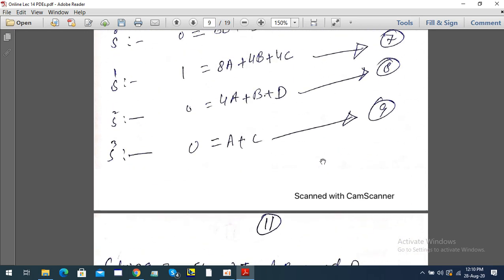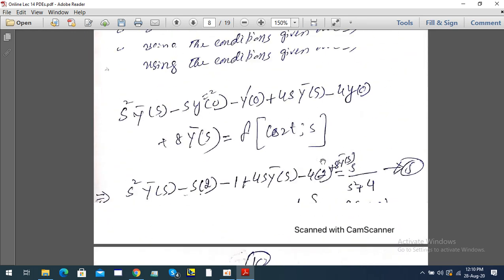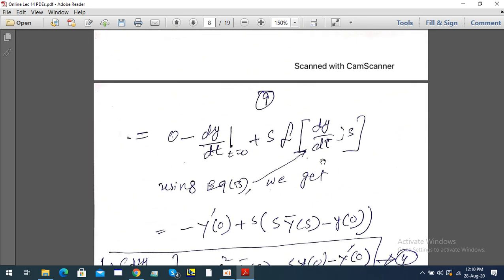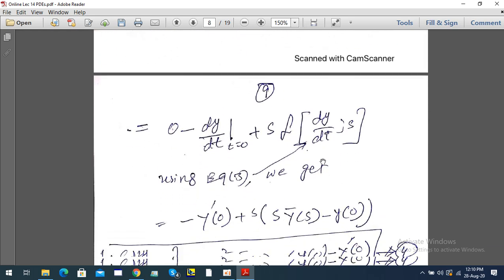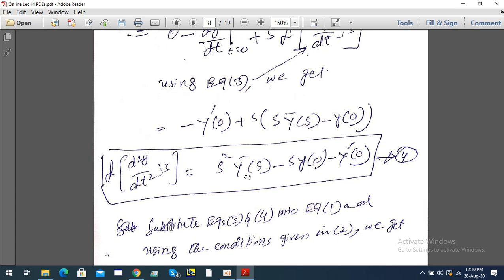Now I'm going to simplify the procedure for you. Like in this one, the Laplace of d square y by dt square is s square y bar minus s y(0) minus y dash(0). How does it come?